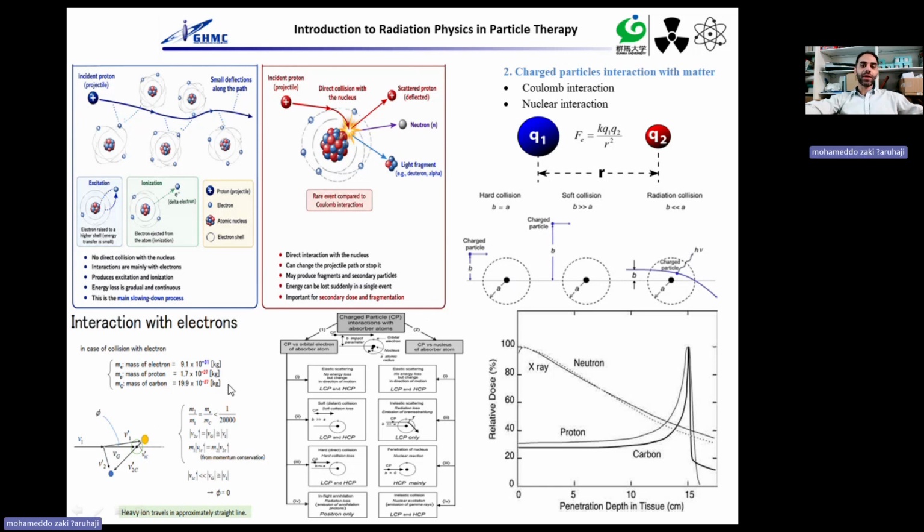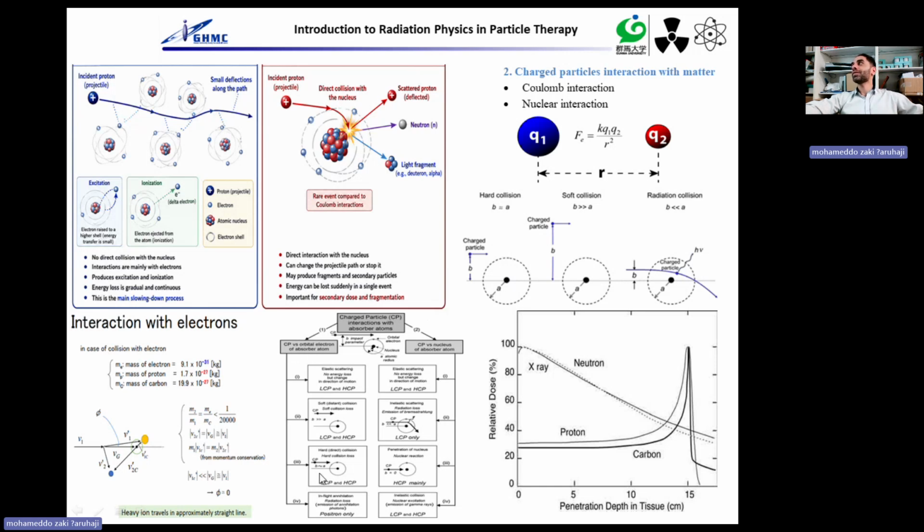Now, the way for a charged particle to interact with the atom is not as easy as it sounds, because there are all those ways when the charge interacts with the nucleus, and this is when the charge interacts with the electrons around the nucleus.